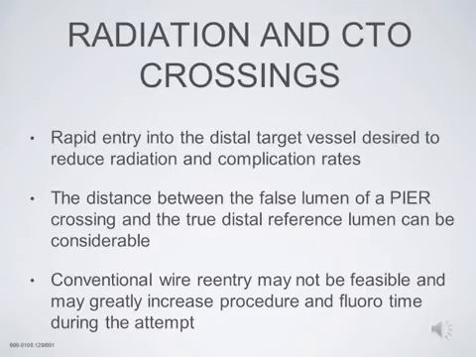Conventional wire entry may not be feasible. As many as 10 to 20% of cases are not crossable because of poor reentry, and this also can increase the procedural and fluoro times during this attempt. Average fluoroscopy times for crossing in the literature have ranged up to 20 minutes.